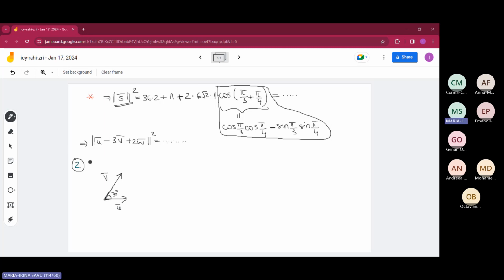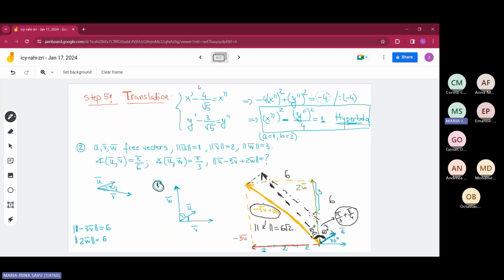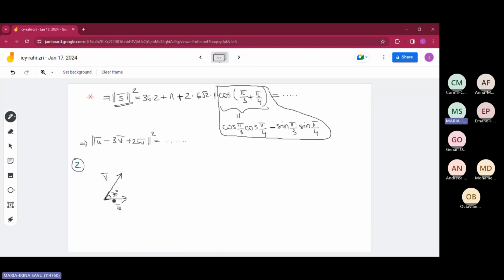And I know that the angle between u and w is pi over 3, which is 60. So I will write w here. This has 30, this has 30.